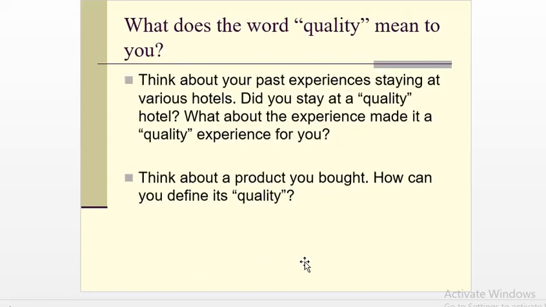So what does the word quality mean? Think about your past experience staying at various hotels. Did you stay at a quality hotel? What about the experience made it a quality experience for you? Think about a product you bought. How can you define its quality?